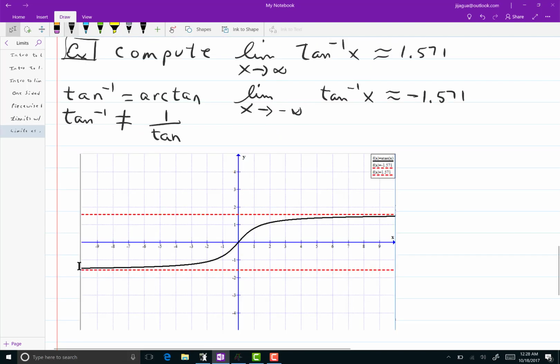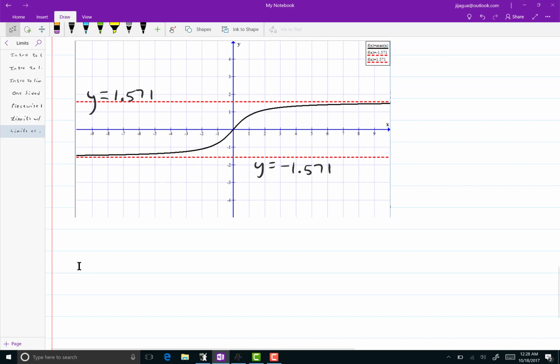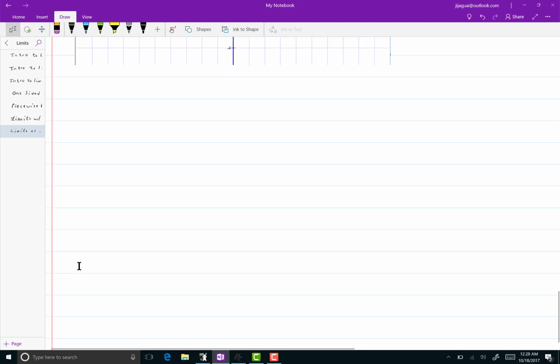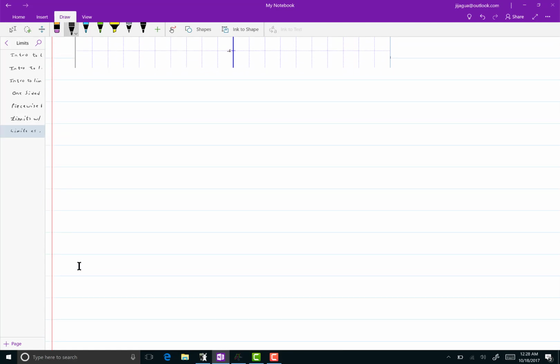I was happy with a decimal for an answer for these types of problems. So the top horizontal asymptote is y equals 1.571, and the bottom horizontal asymptote is negative 1.571. So the graph program shows these things a lot better than your calculator does. Your calculator's limited in its graphical representation.